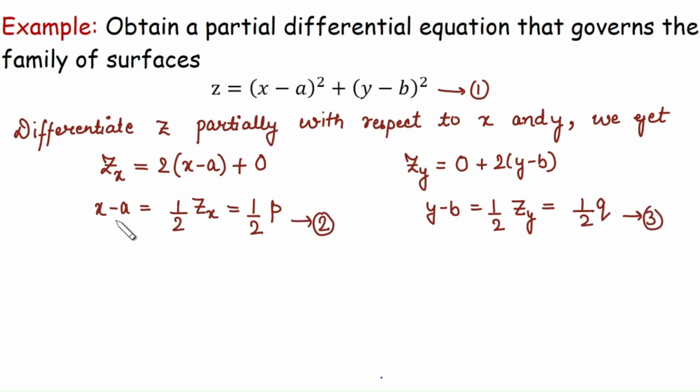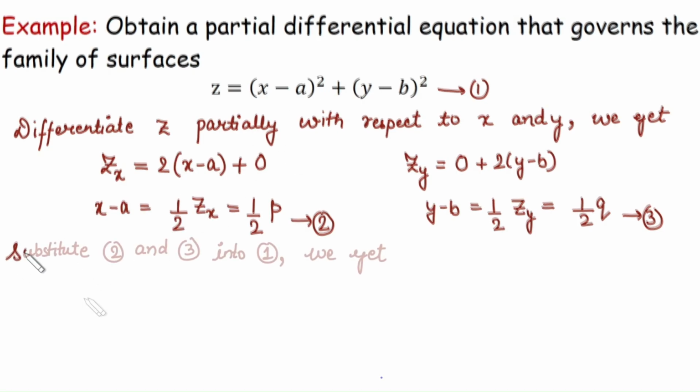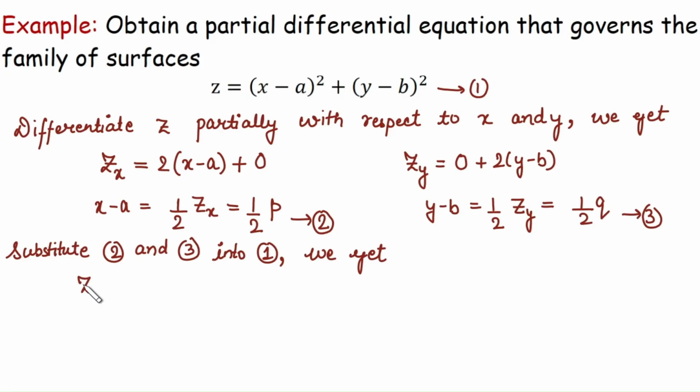Now once we have the value of x minus a and y minus b, substitute back into equation 1, we get the value of z is equal to 1 by 2 into p whole square plus 1 by 2 into q whole square.